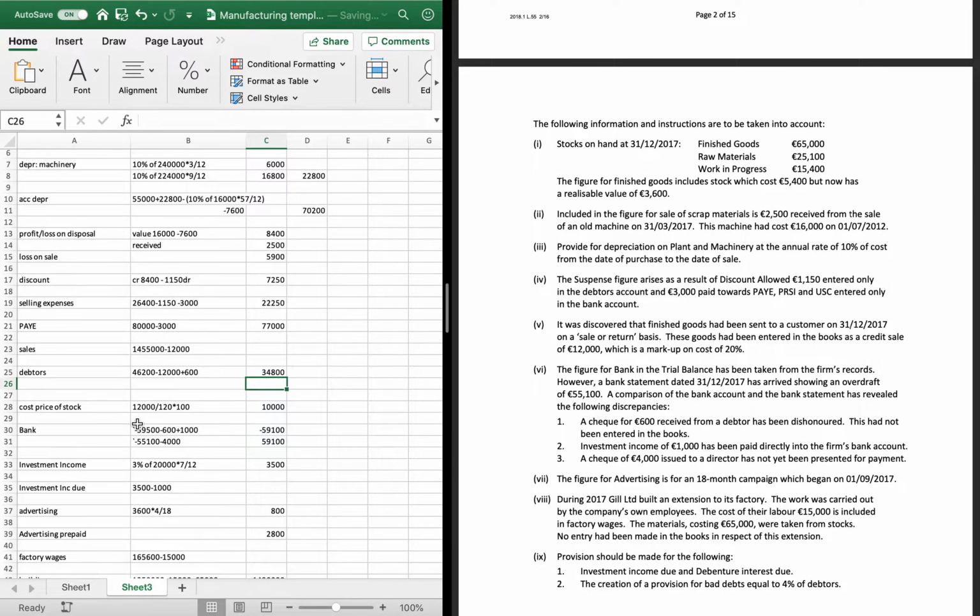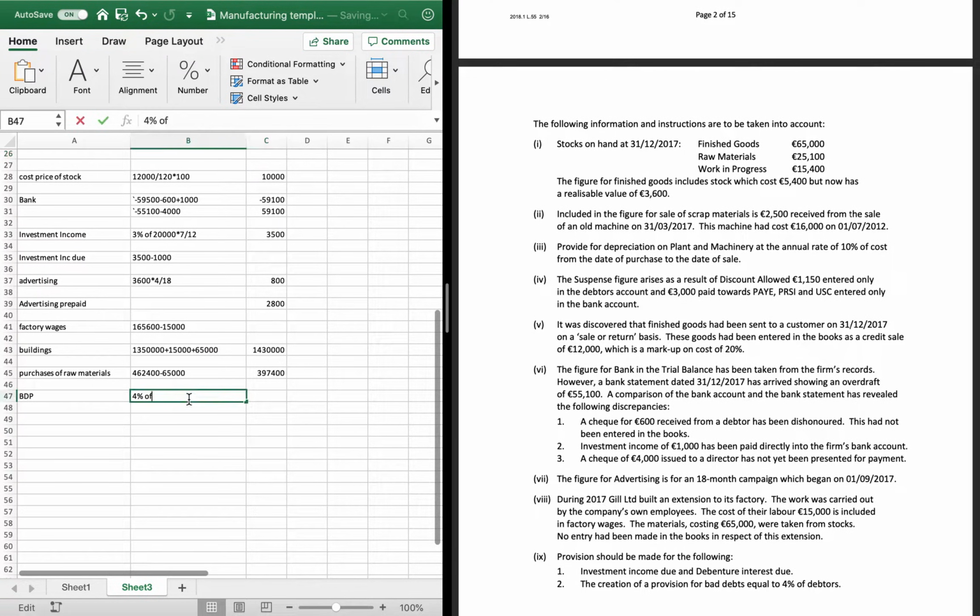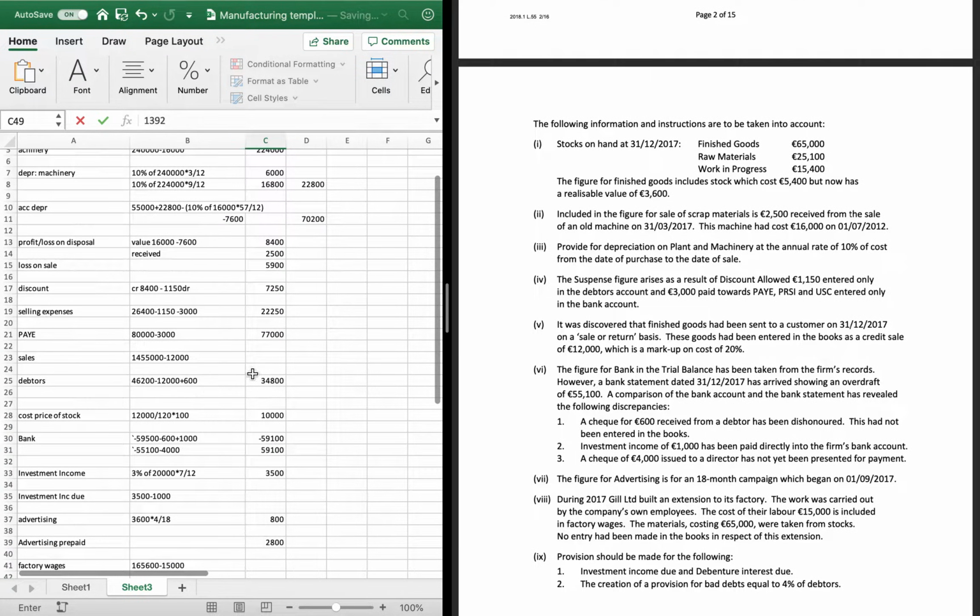So 34.8. So 4% of that is 1392. And then that also becomes an increase in BDP, which of course is the selling and distribution expense. Okay, so that's all our workings. We can finish them out.